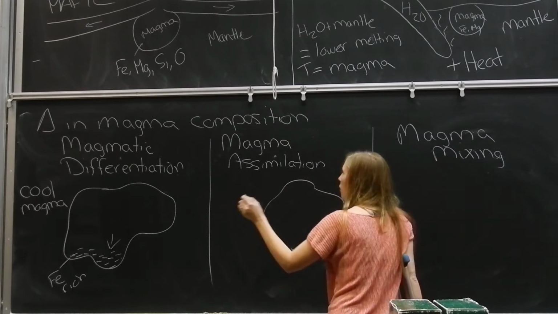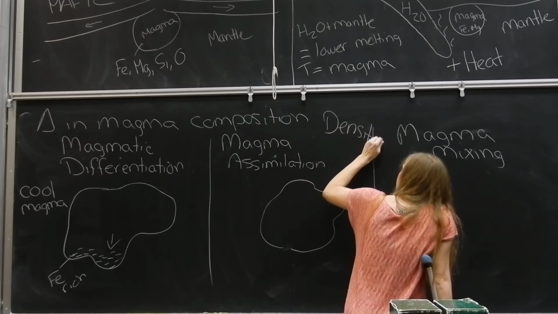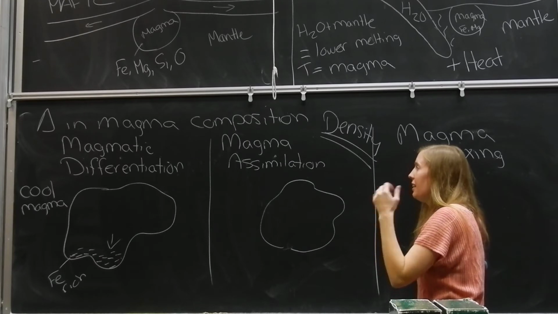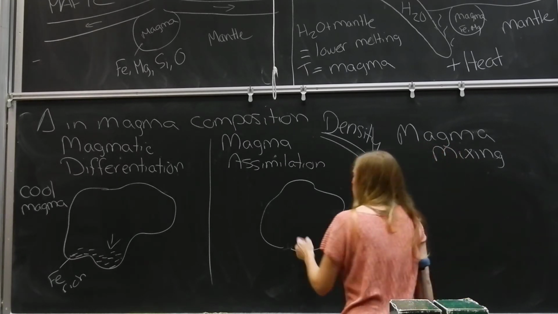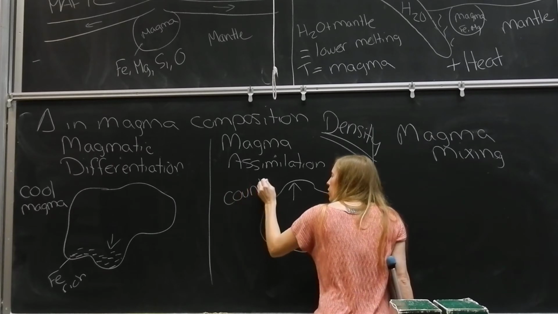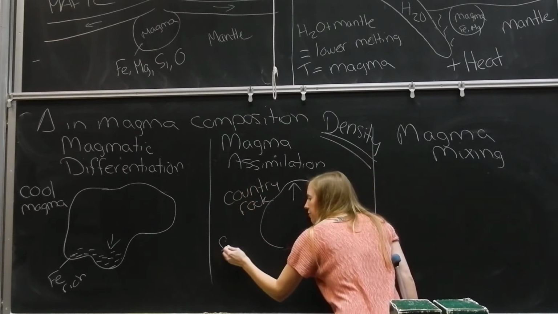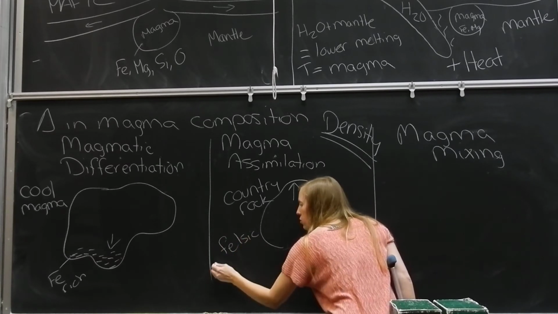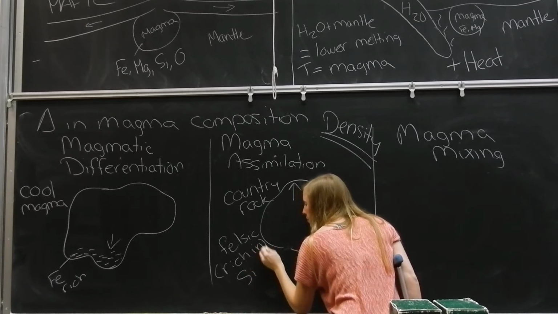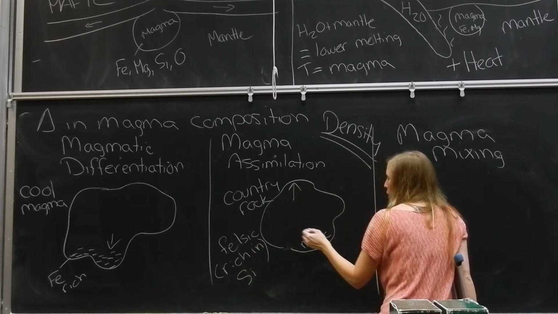I love that you said density because density controls this entire thing, right? The density of the atoms controls this. So as this is rising, it's surrounded by our country rock, which say is felsic, so rich in silica. Say this is mafic, but it's hot.